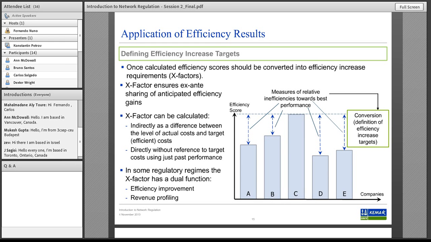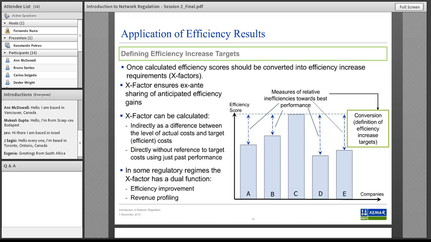So depending on the price control, as already said, the X factor can have a direct application, equal to the efficiency increase target set by the regulator, or it can be applied a bit more indirectly, integrating not only the efficiency increase function, but also the revenue profiling function. It means showing the way to go from one level of revenue to the most efficient one a couple of years later.